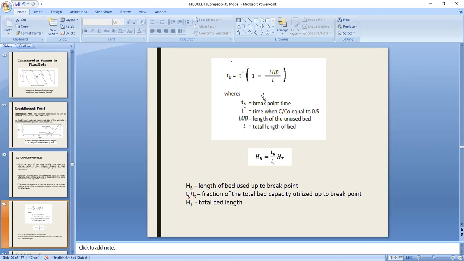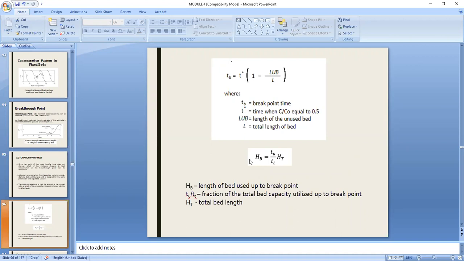If this is done in the lab, the ratio of the unused bed length to total bed length should be the same as that in the industry, to determine the breakpoint time based on this ratio of the final concentration to initial, which is 0.05, not 0.5.